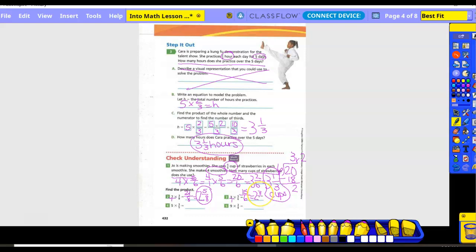And then 6. Is that simplified? No, because 3 and 6 share a common factor of 3. So that equals 2. And how many times does 3 go into 3? 1. How many times does 3 go into 6? 2. So 2 and 1/2.